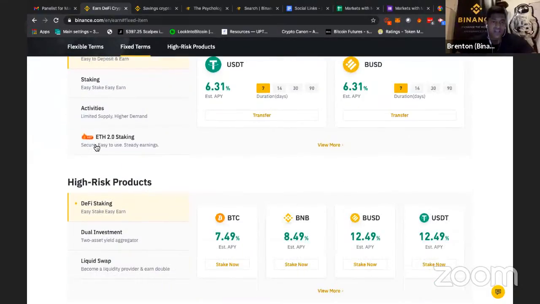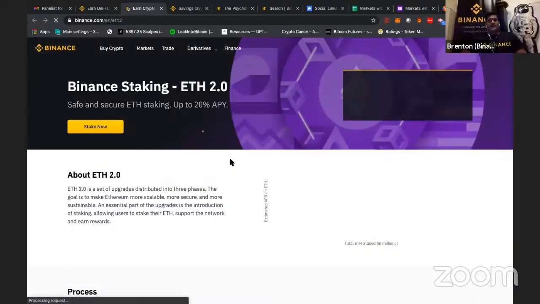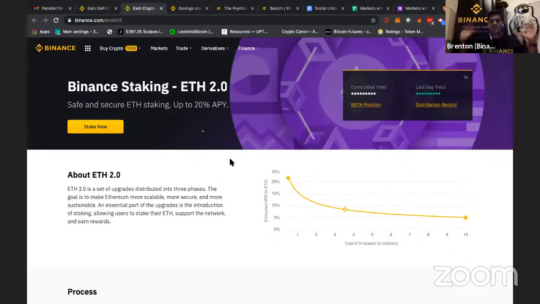So like Mark said, it costs 32 Ethereum, which I think at this stage is a significant sum of money, to set up a Ethereum node. And all that means is it takes a lot of money to be able to set up your own Ethereum earning station, so to speak, which is the validator node. Don't worry about technical terminology.